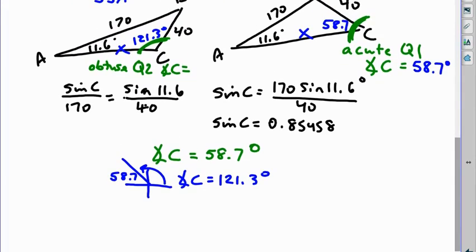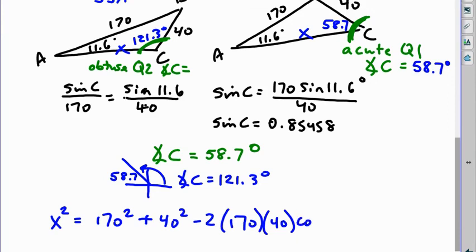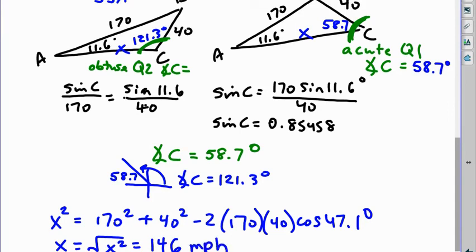I need to see what angle B is. Okay, so I've got the two sides. So x squared will equal 170 squared plus 40 squared minus 2 times 170 times 40 times cosine of 47.1 degrees. And when I do the square root of x squared, I get a speed of 146 miles per hour. That is the slower speed.